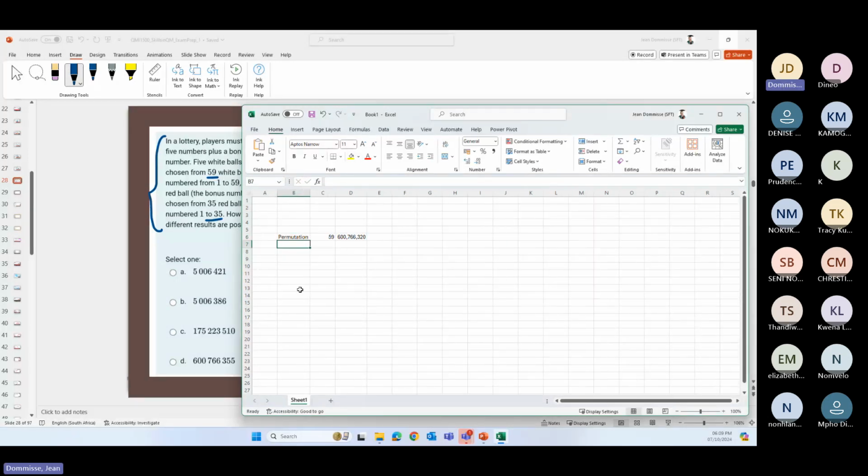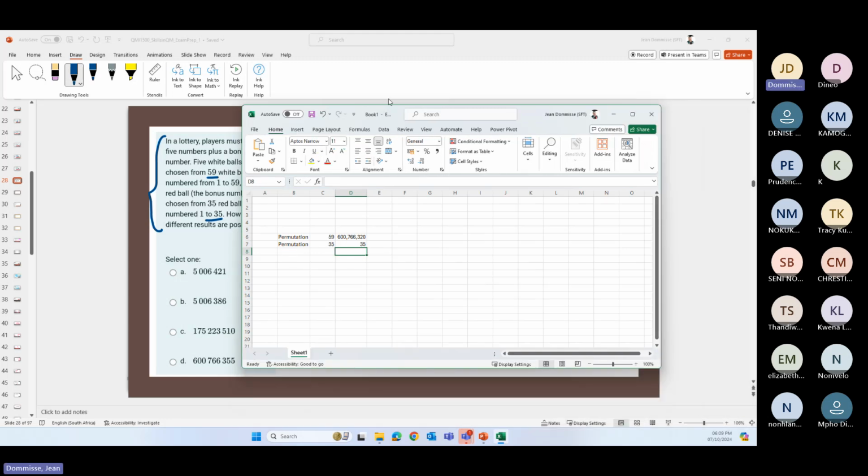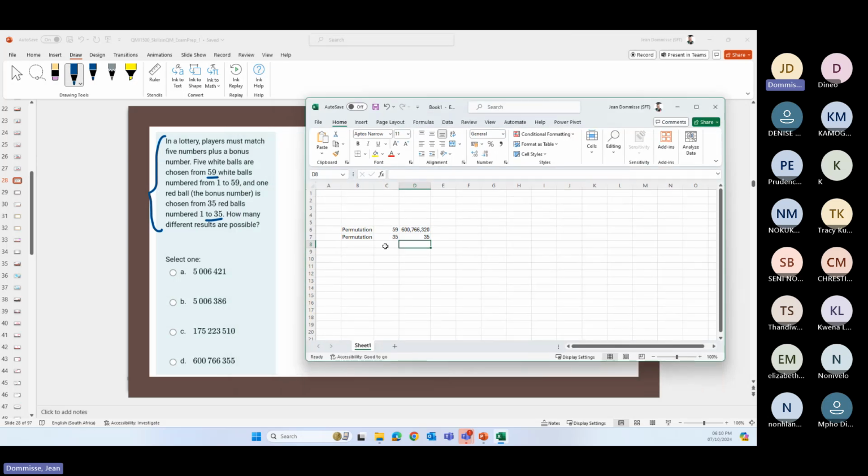And then we said, but okay, we need to do a permutation for the 35. The 35 is going to be 35 and 1, because there's just one number. Okay, and then to get the total, we will then need to multiply the two, one times the other.